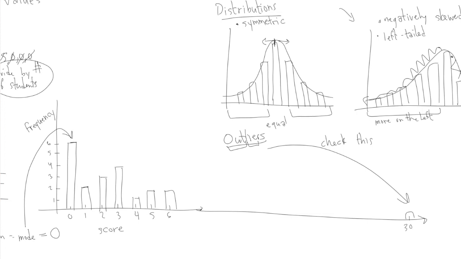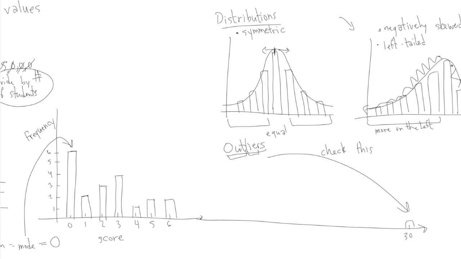Sometimes outliers happen because of bad data entry or bad measurement. Sometimes there are real outliers. If you've got a class and one basketball player and it's Yao Ming, he's like 7'5", he's going to be an outlier, and he is not measured incorrectly, he's just really tall. So outliers can happen.